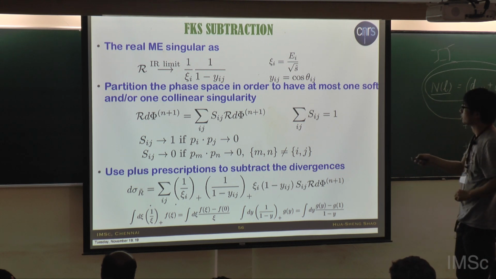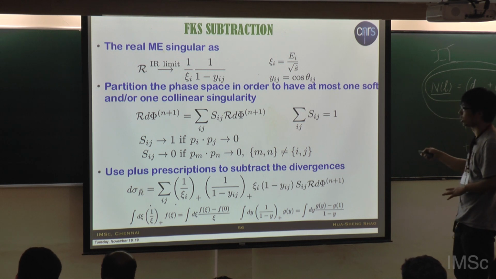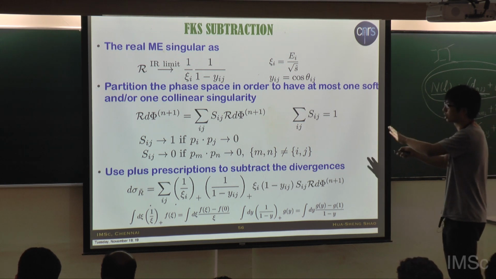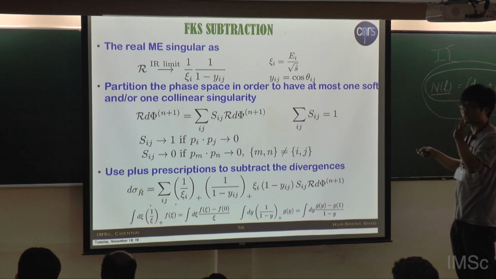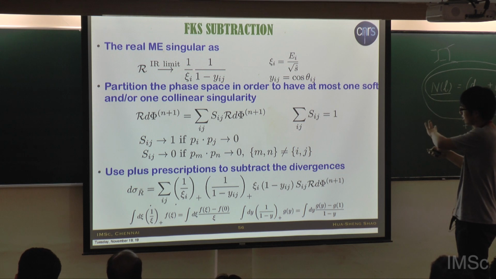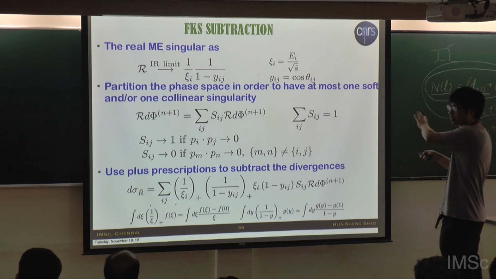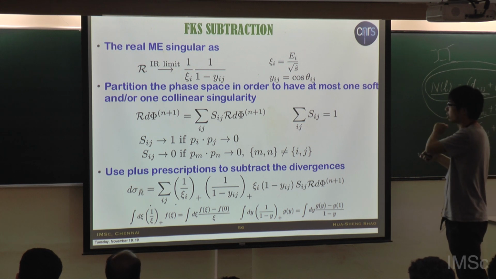Okay, so that means your real matrix element times your n plus 1 phase space integration is equal to, I just add the S_ij functions. The S_ij functions sum to 1, so I just multiply by 1, right? I don't change anything. I can choose these S_ij functions. There are some ways; if you want to know the concrete form, you can check the MadFKS paper or the original FKS paper.